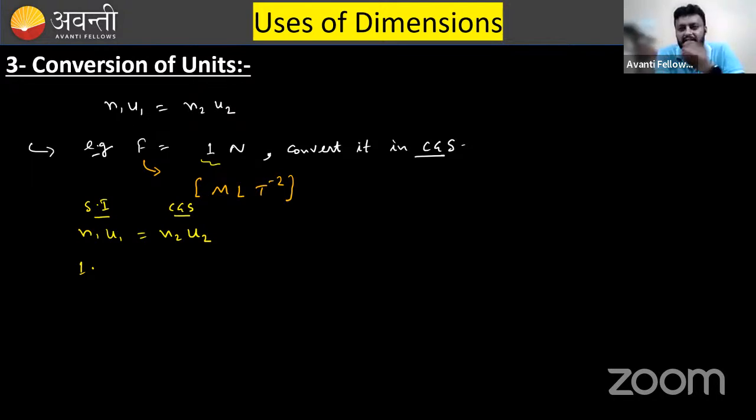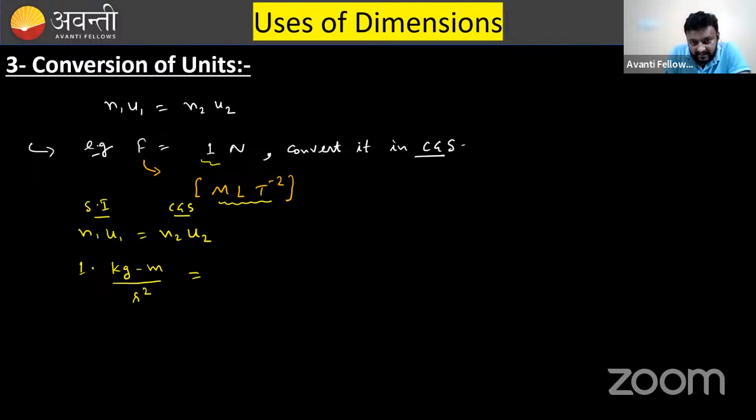But I am not going to deal with that Newton thing. I am going to write the unit using M L T minus 2. That means M is kg, L is length, that is meter, T minus 2 means second square. This is the unit. Clear?